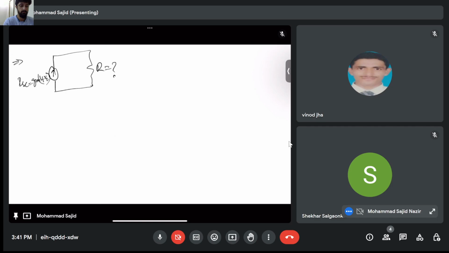In the previous part, for this case, it was simply 2 times R naught and Gm by 2 times V1 minus V2.